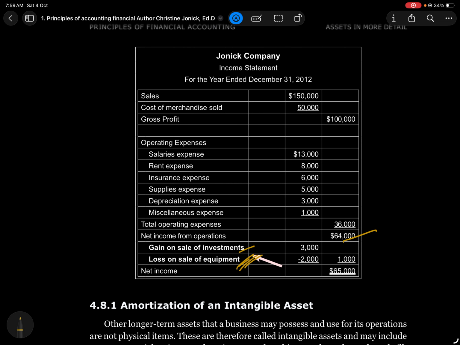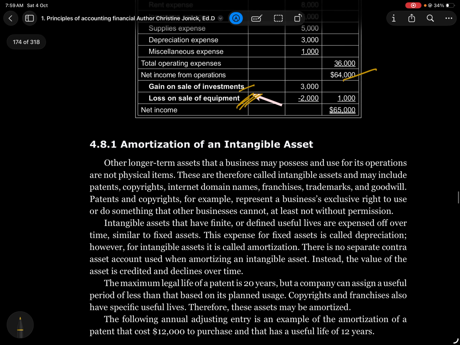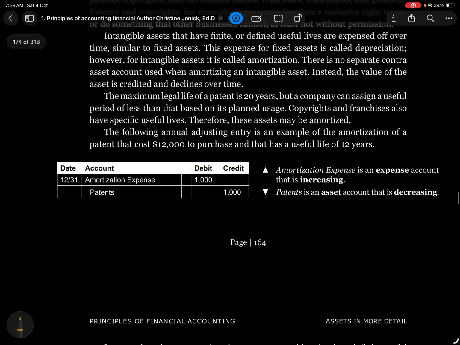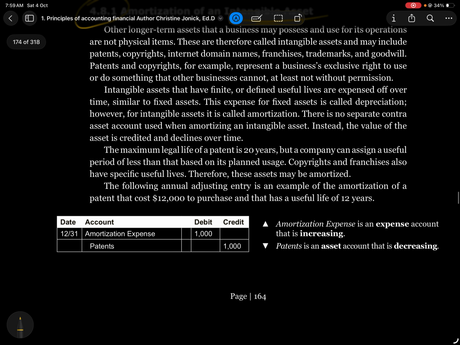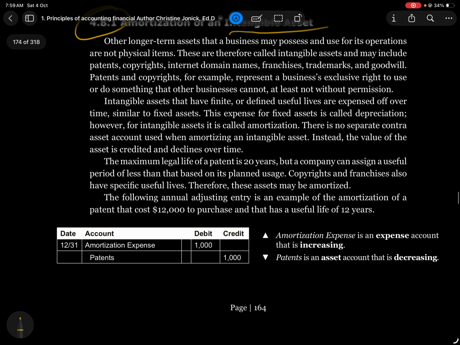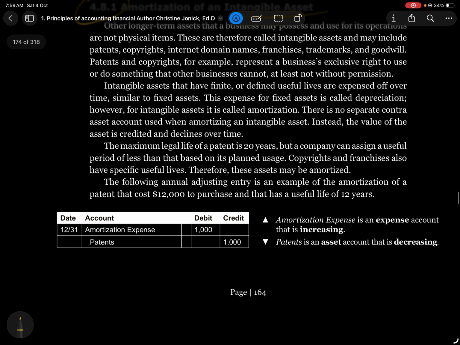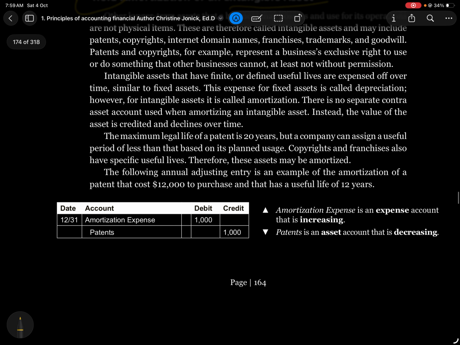Similar to depreciation, there is amortization that happens in the case of intangible assets. If a patent has a life of 20 years, we amortize it over its period.